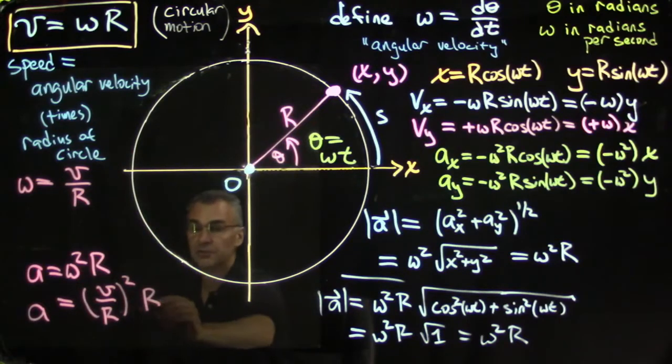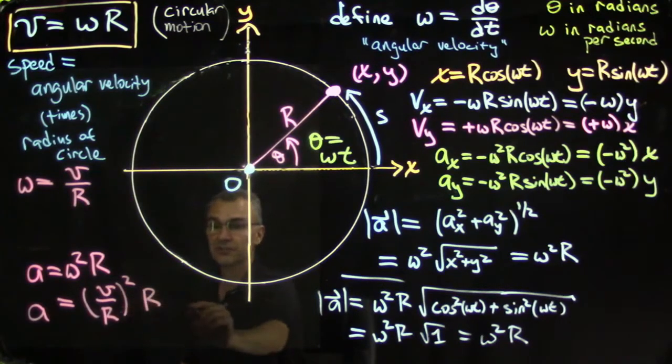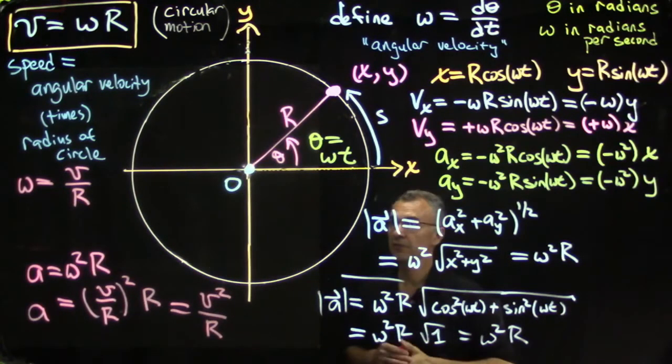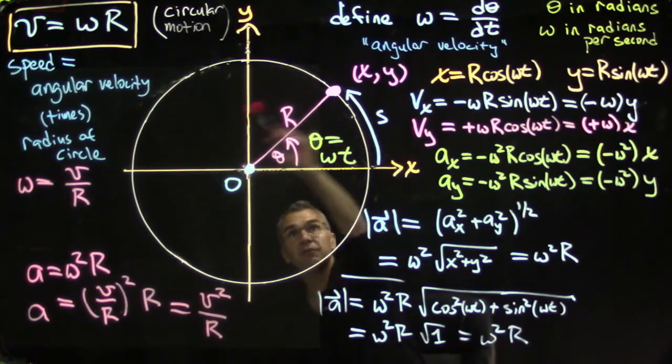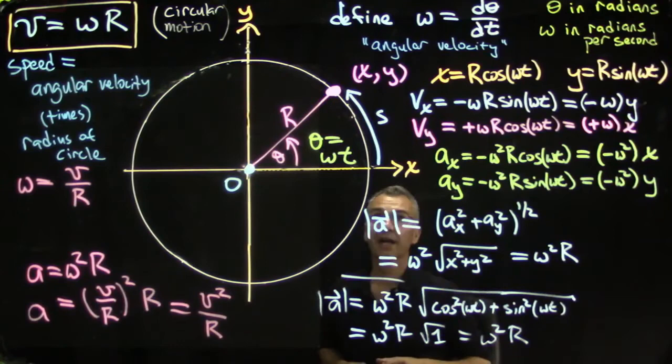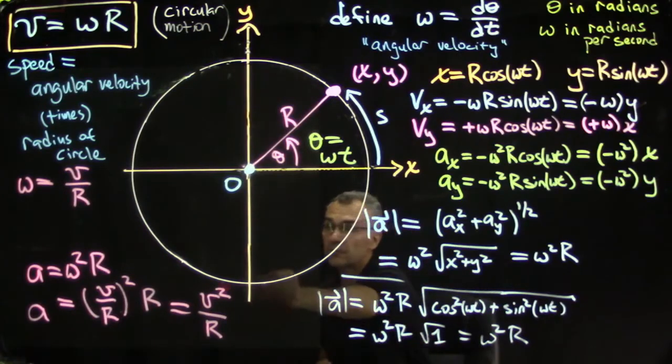So then you get two factors of v, but only one factor of r, because this cancels, and this is v squared over r. So the magnitude of the acceleration when you're moving around and around in a circle at constant angular velocity and constant radius, since it's a circle, is v squared over r.